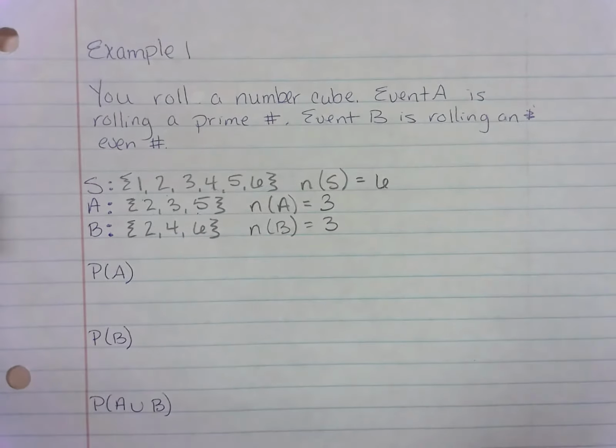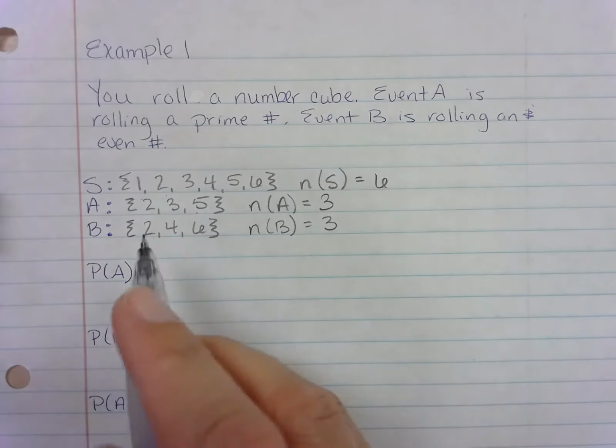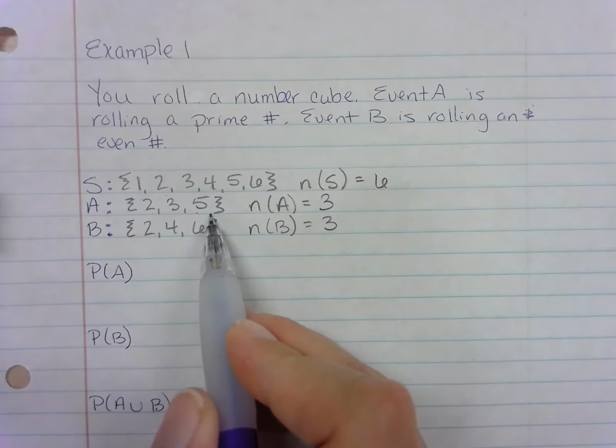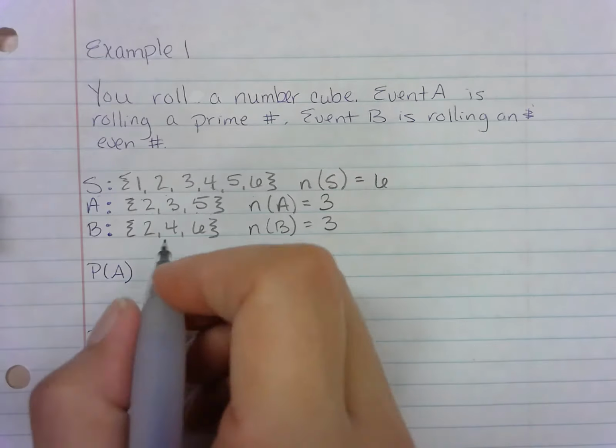So probability is going to be written as the number of elements in your event over the number of elements in your sample space.